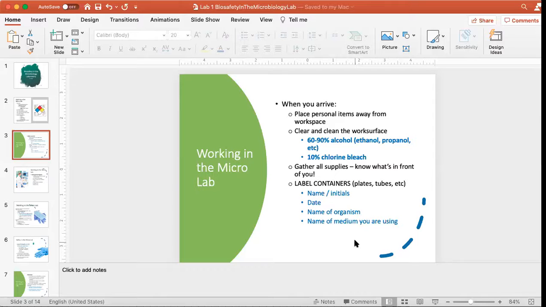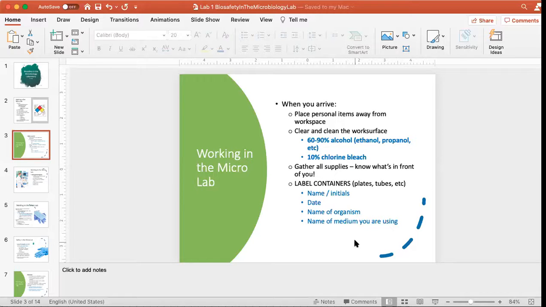Labeling that container is very important because that container is going to change hands. And it's important that everybody who touches that container knows exactly what's in it. Now, the nice thing in most hospital settings is that these labels are often generated for us by computers. But in a micro lab, we are making the container start to finish, so we have to label it ourselves.